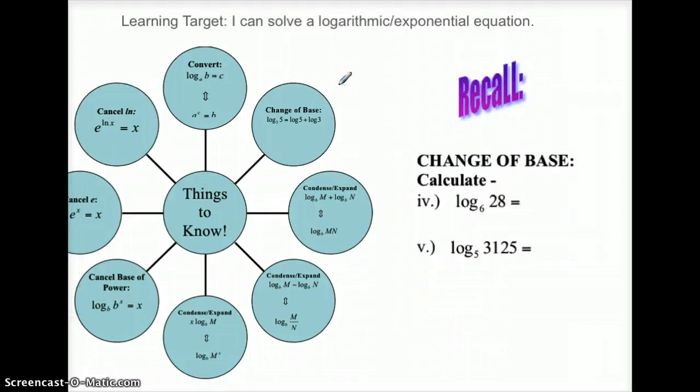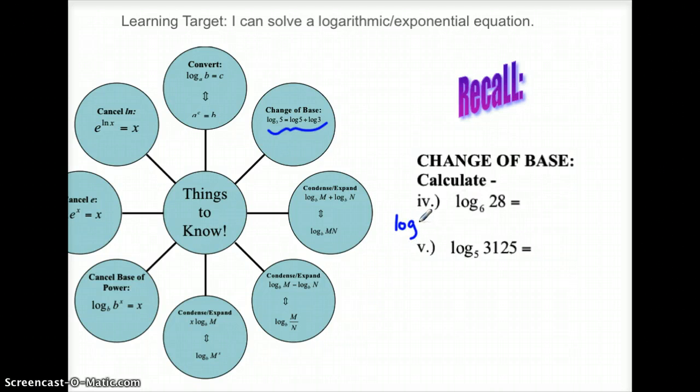All right. Another spoke of this wheel is this change of base spoke, which lets you evaluate the value of a log using your calculator. This tells you the breakdown of what to do, but I'll write it over here to the side. Like this number 4, here's how I would type it in the calculator. Your calculator needs to have a log button.